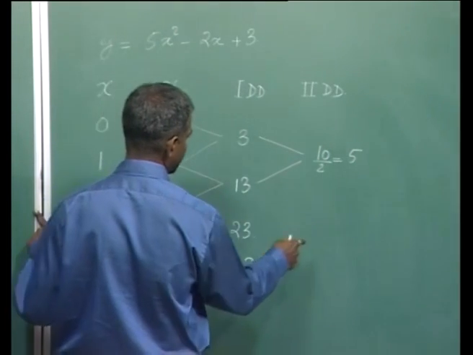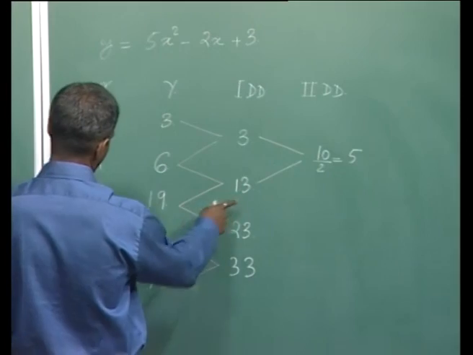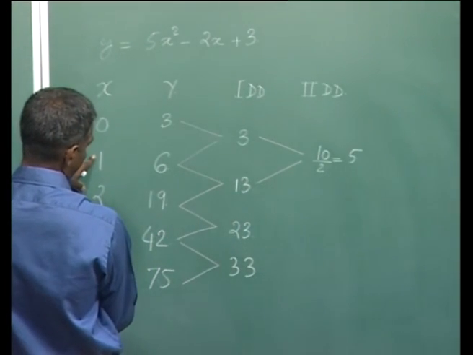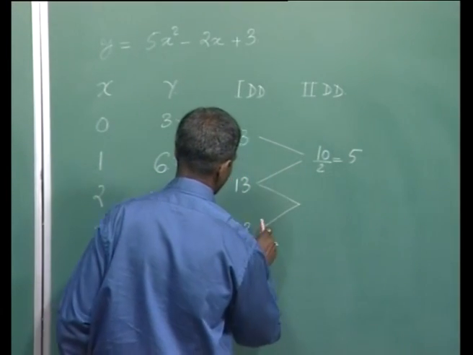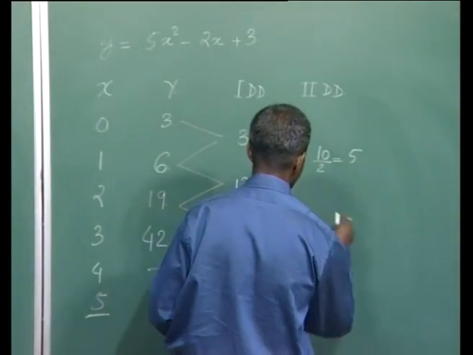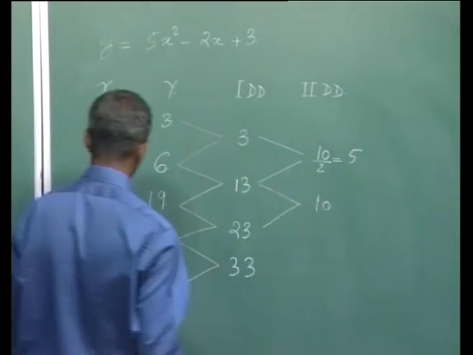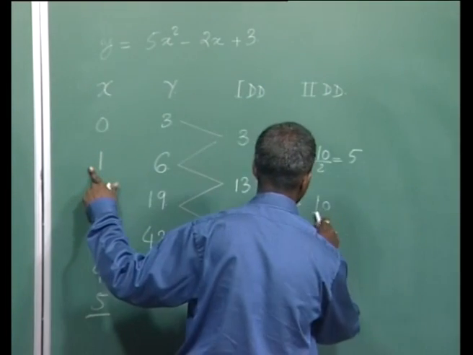How about the second divided difference corresponding to this information here? So this will be 23 minus 13, which is again 10, over 3 minus 1, which is 2.